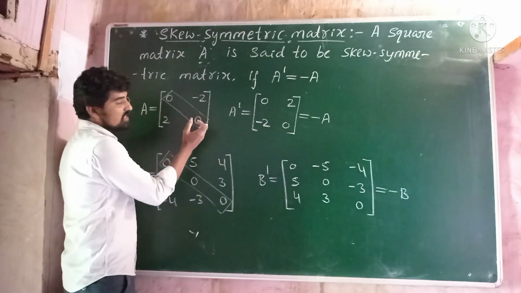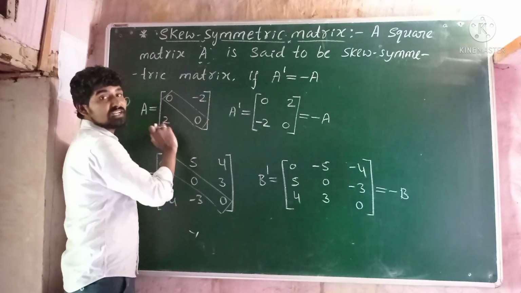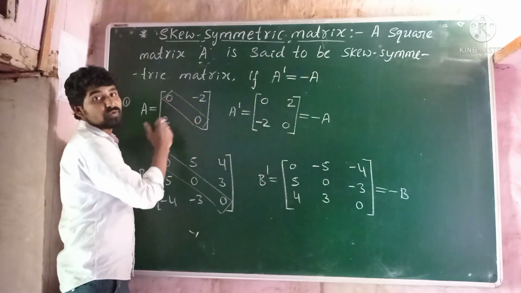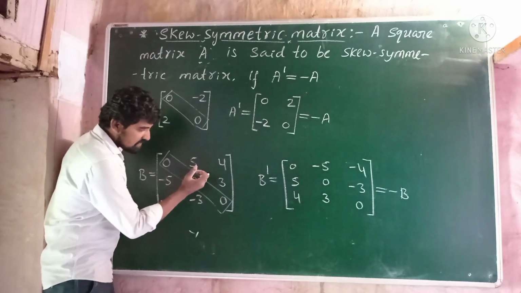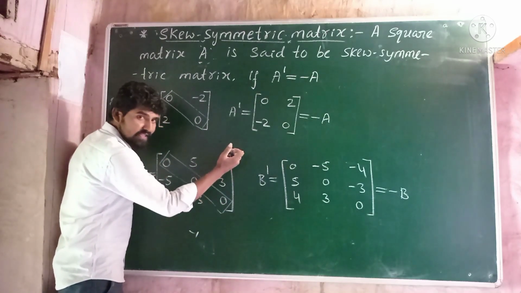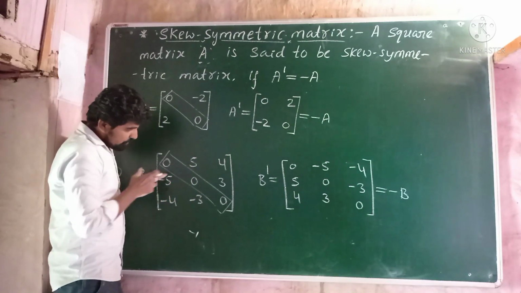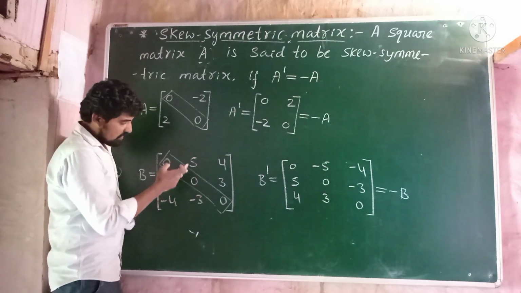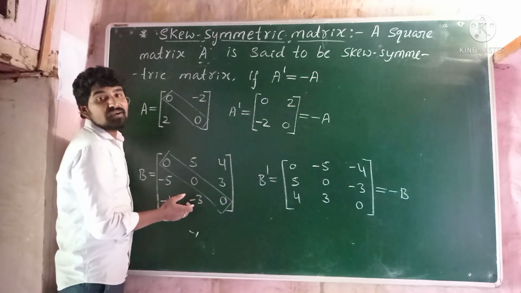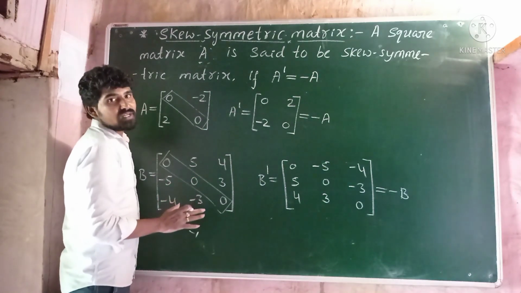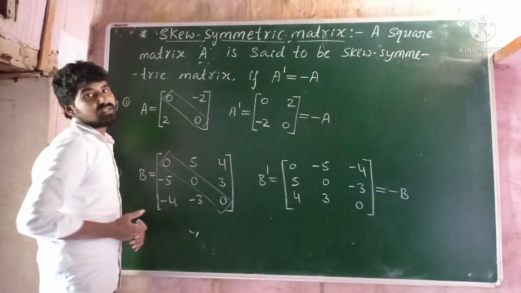Look here, the element above the diagonal is -2 and the element below is 2. So the sign of the two is opposite. The element is the same but the sign of both the elements is different. This is minus, this is plus. Here also the elements which lie above the diagonal elements are the mirror images of the elements below the diagonal elements with opposite sign. So here there is 5, here -5, here 4, here -4, here 3, here -3. So with this property we may write number of examples. I hope all of you understood. If possible, take a note.